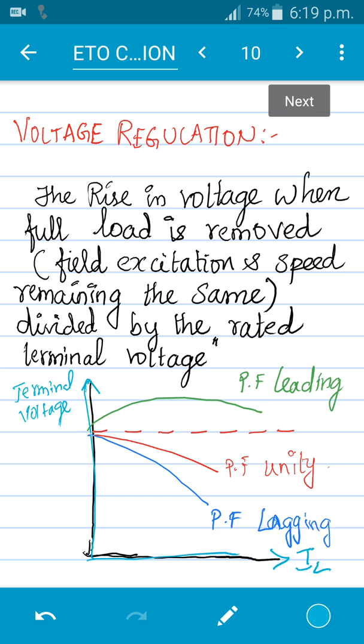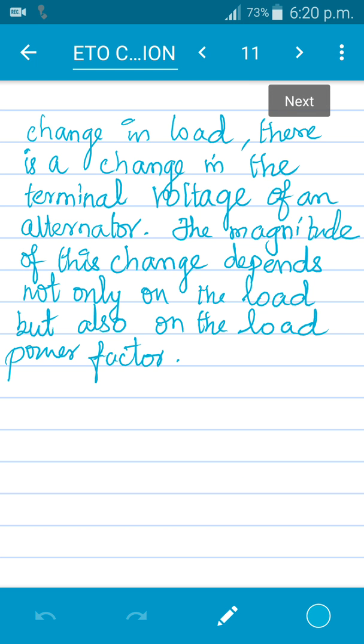See, this is where the induced EMF and terminal voltage are the same. With the leading power factor the terminal voltage increases, at unity the terminal voltage drops slightly with load current, and at lagging the terminal voltage drops too much. With a change in load, there is a change in the terminal voltage of the alternator. The magnitude of this change depends not only on the load but also on the load power factor.